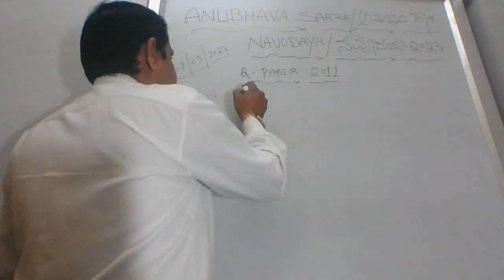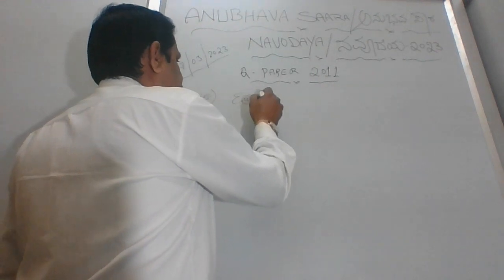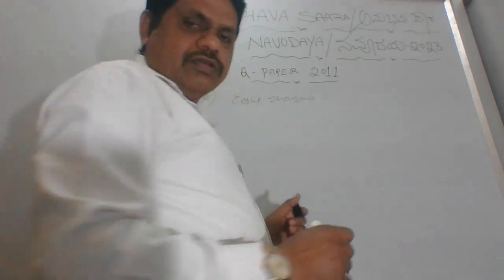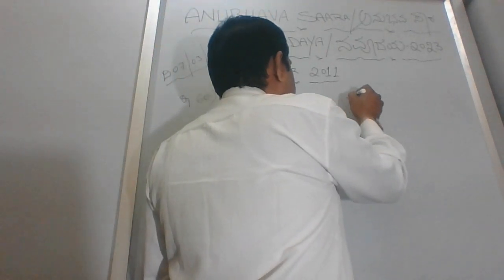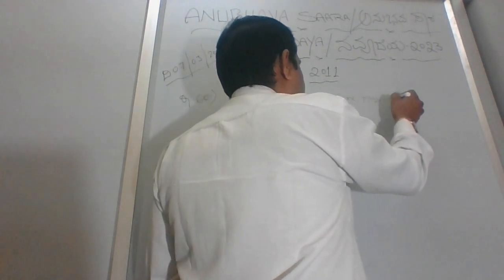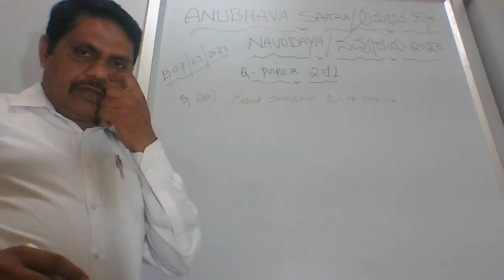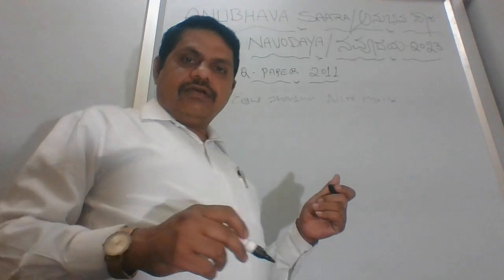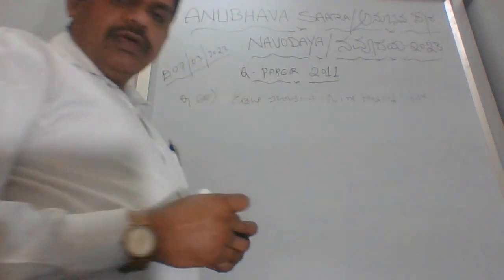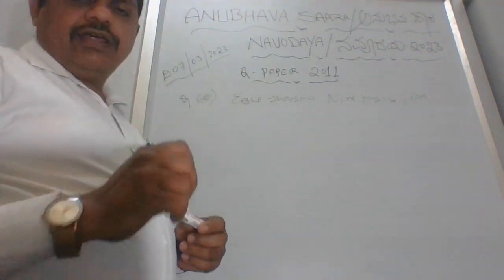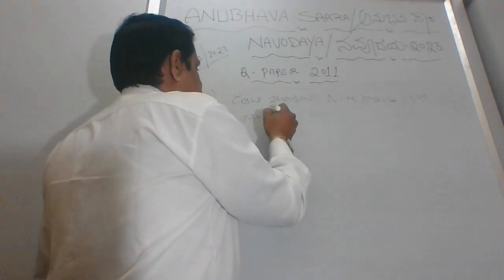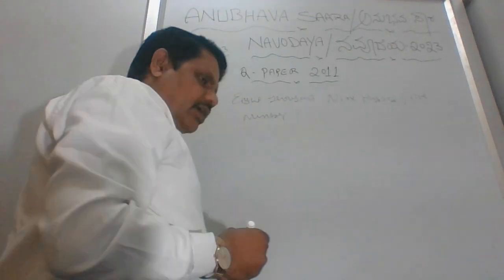80,905 is represented in the number form. So this we have to write in numbers.